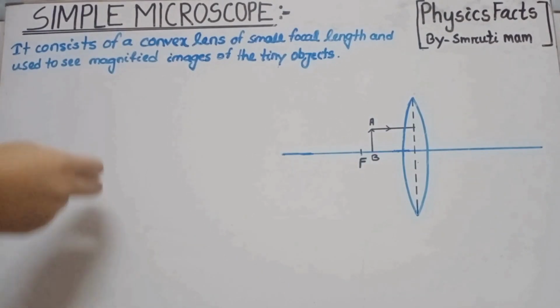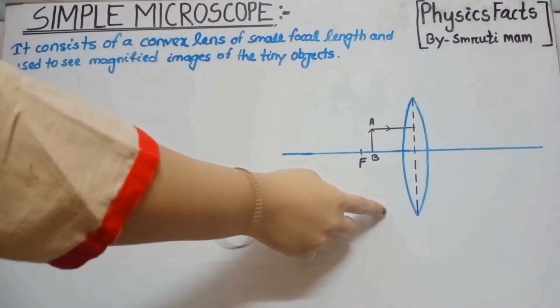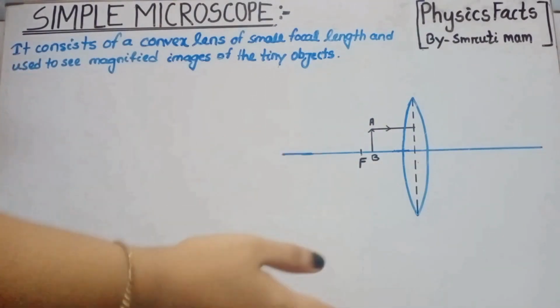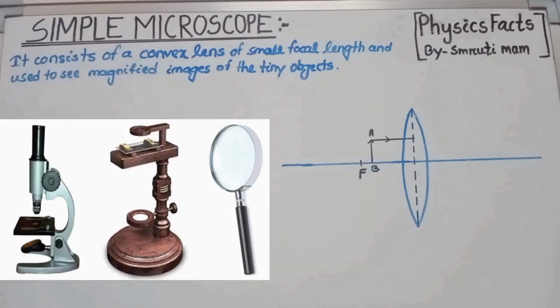When we take its very small object, by the help of this magnifying lens or this convex lens, or you say as simple microscope, you can see the magnified image. See this image.